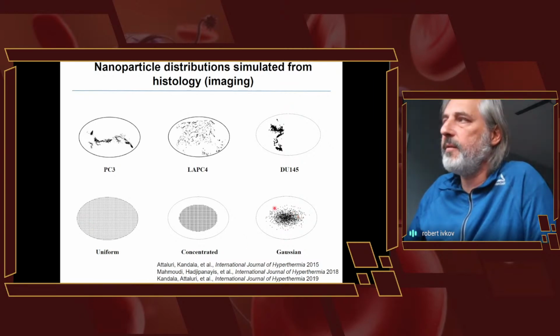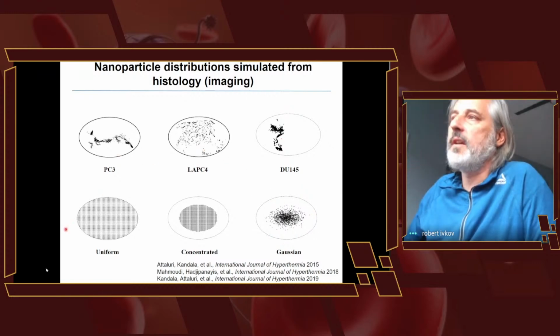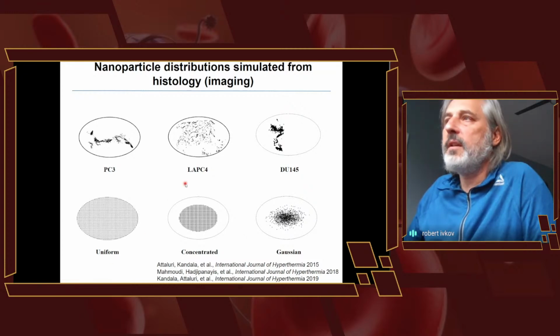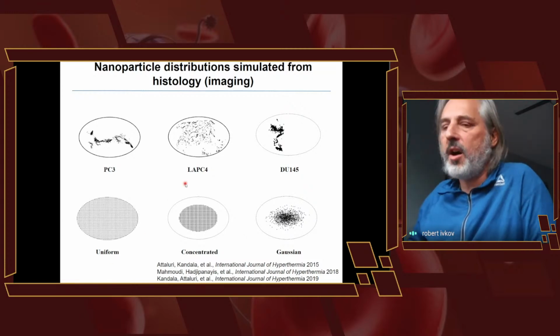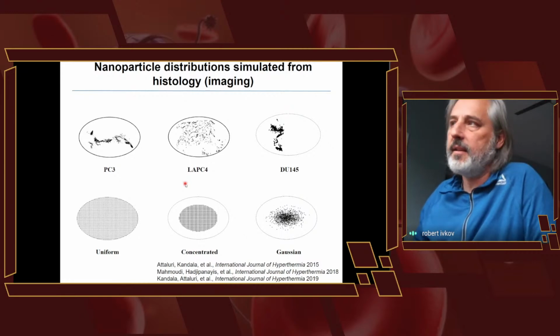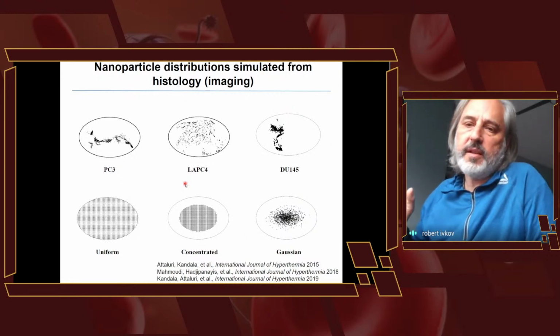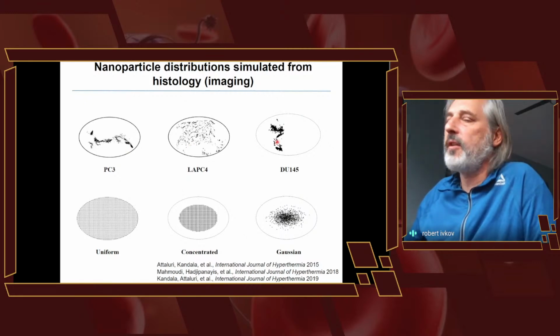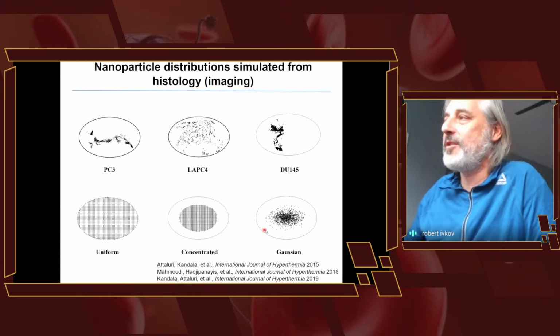Even this tends to be rather difficult to achieve. We assumed that by directly injecting the nanoparticles into the tumors, we would see something more or less like this, and instead we saw this. So one has to accept the reality that the nanoparticle distribution is out of one's control after injection, and where the nanoparticles end up in the tissue is what you've got to deal with. You're not going to get what you wish for.